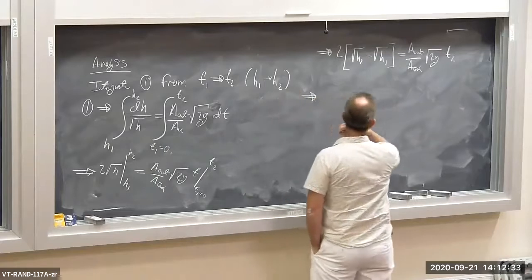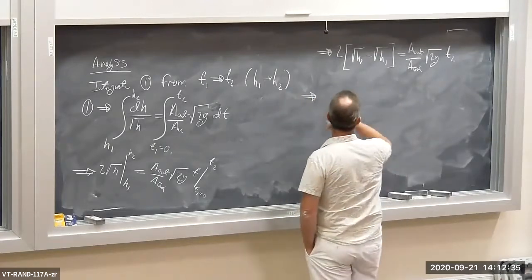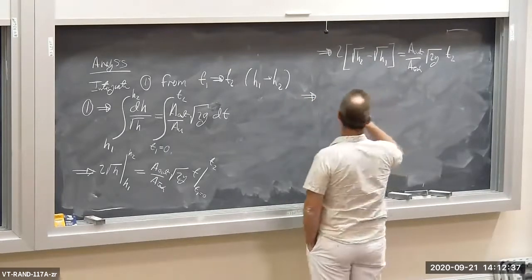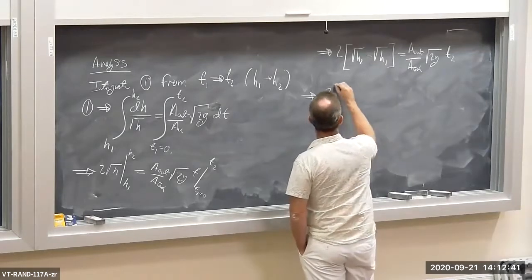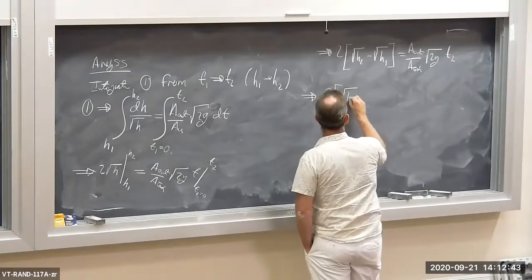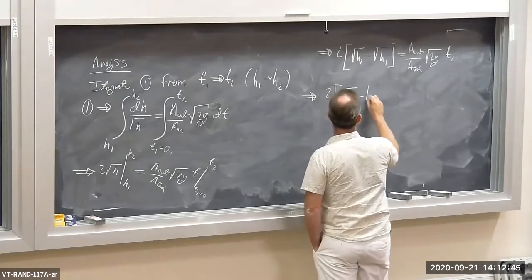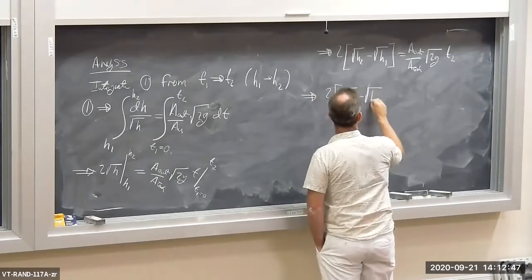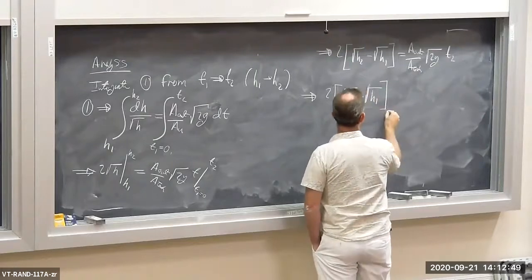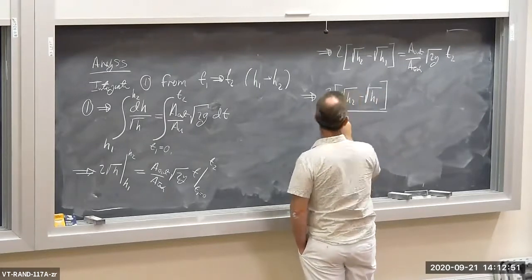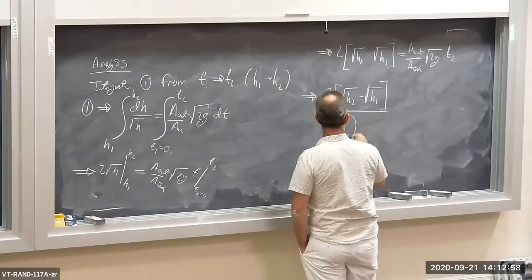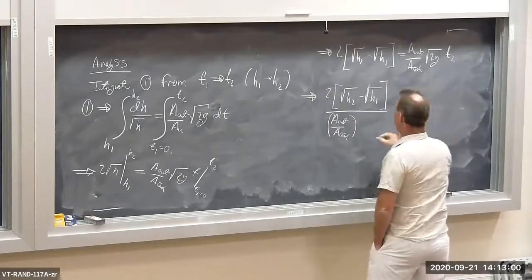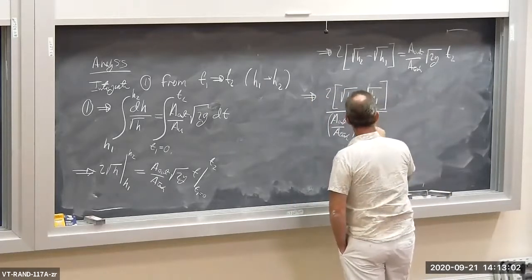So let's solve for t2. The time at state 2 as a function of various initial and final heights is 2 square root h2 minus square root h1, divided by A out over the tank area, and then square root 2g.